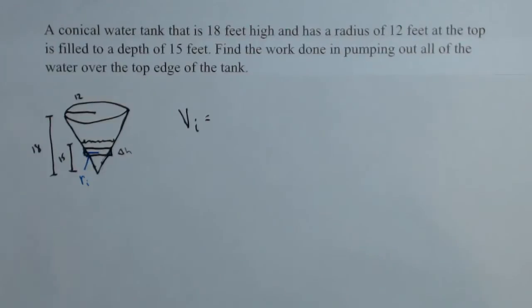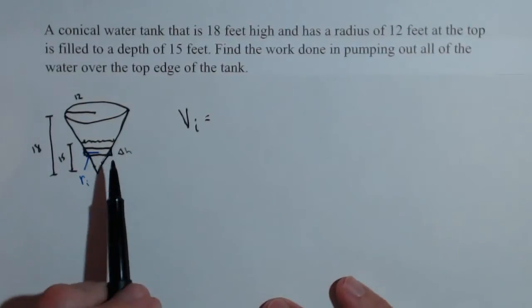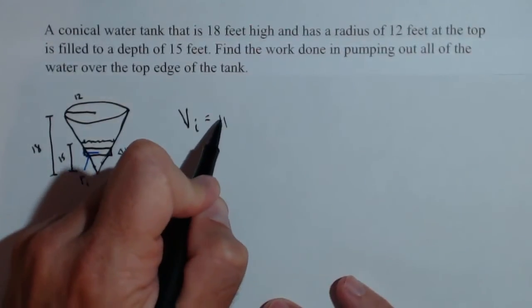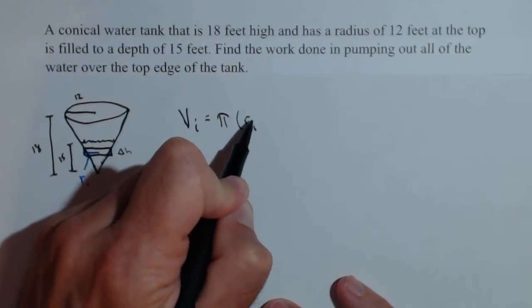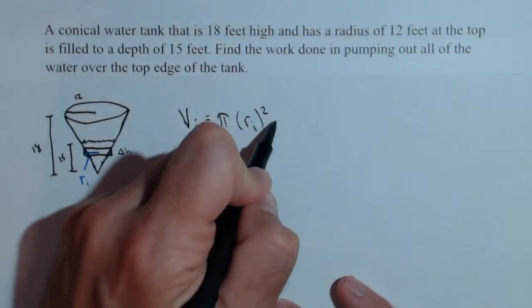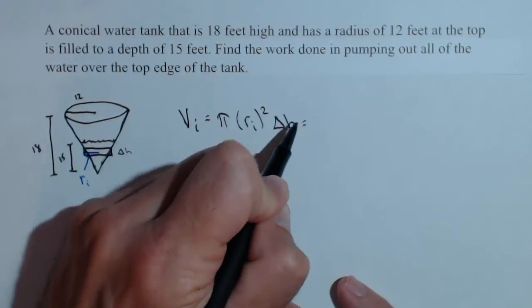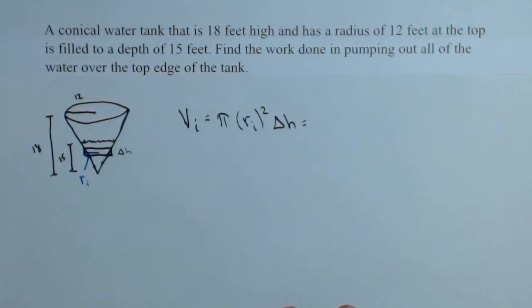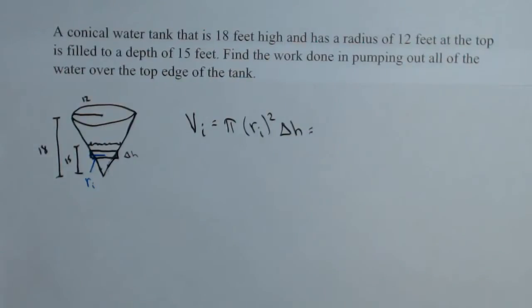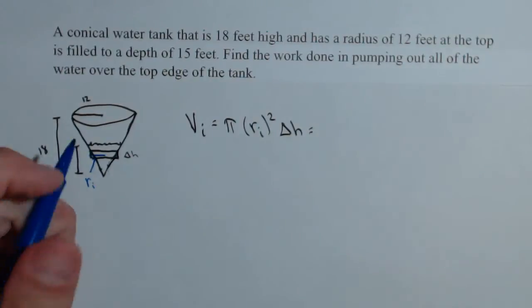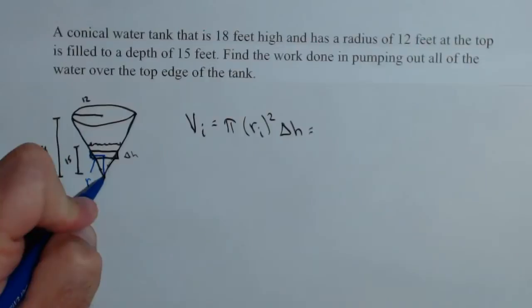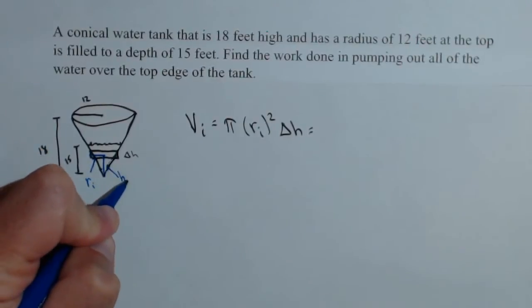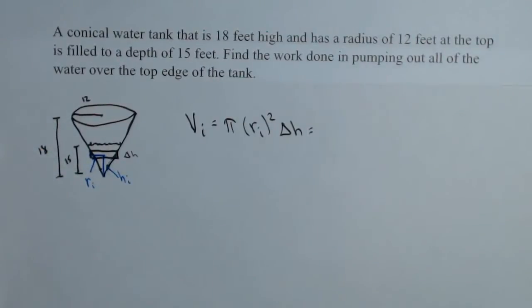And now we can get the volume of the ith slice in terms of our labeling. It's a cylinder, so it's just going to be pi times R sub i squared delta H. Problem is we've got an R sub i and an H, so our variables aren't matching up. So we need to add a little something to our drawing. And I'm going to add in right there what I'm going to call the height of the ith slice, H sub i.